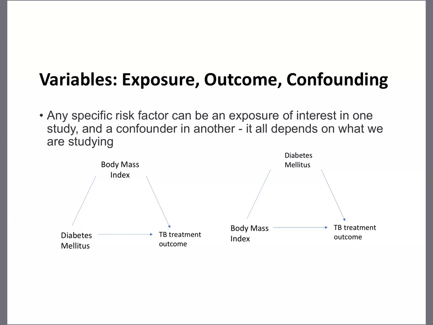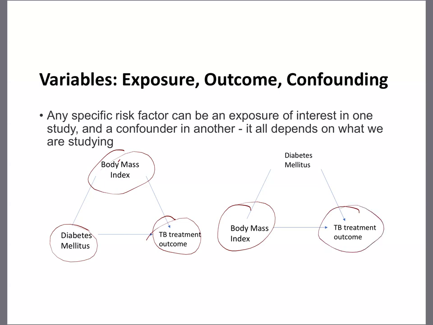Now this next point is that remember that you have the exposure and the outcome, right? In your study might be body mass index is the potential confounder, but next time you do the study, or some other person who takes up the study, body mass index becomes your exposure and your outcome is TB treatment outcome. Now diabetes mellitus can become your confounding factor.